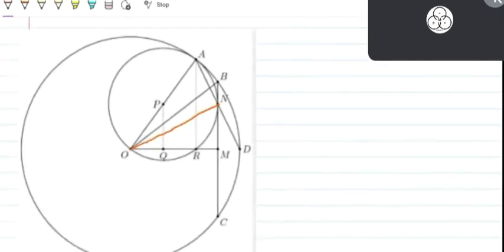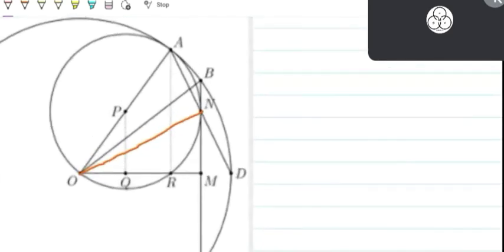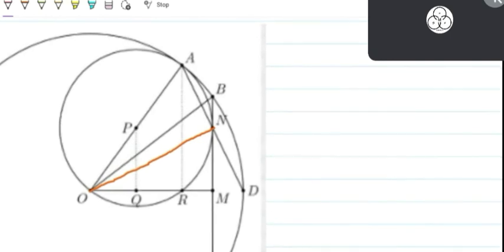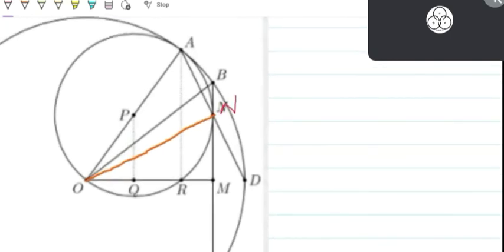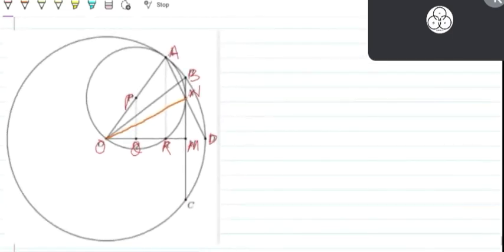Draw exactly the copy of the diagram in your copy. This is N, this is B, this is D, this is M, this is R, this is Q, this is O, this is P, this is A, this is C.